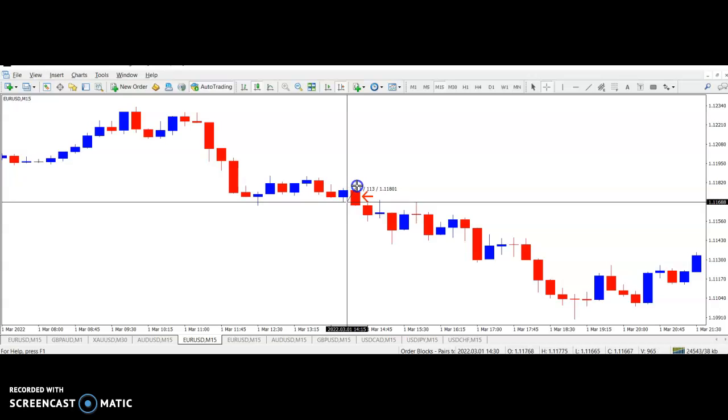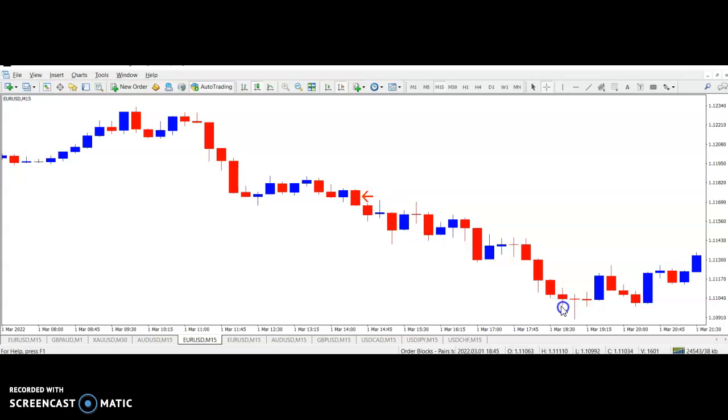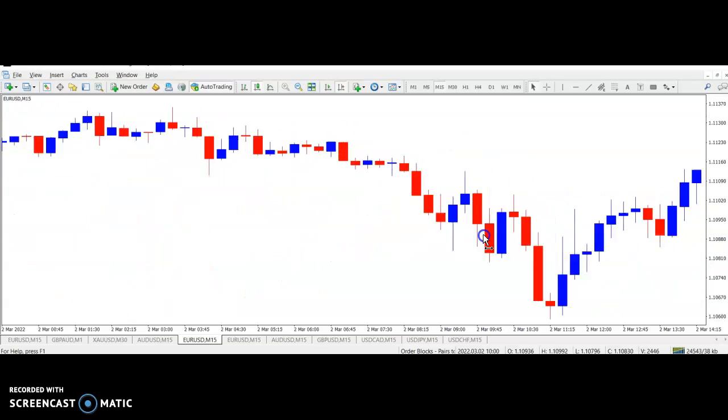So about here. This is the open of the candle when the signal came. The order would have been tapped in here, and then of course it went down here. Okay, so that's the next one.